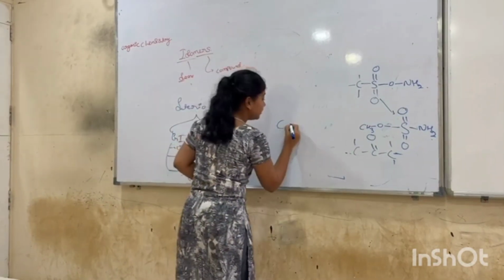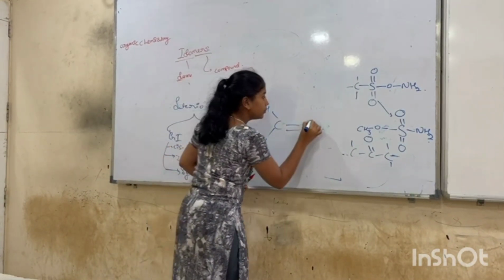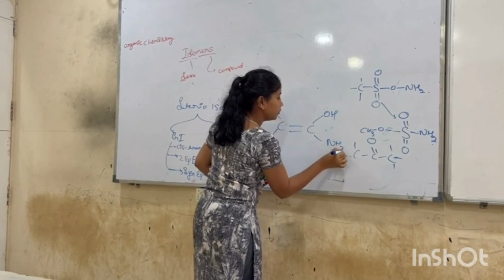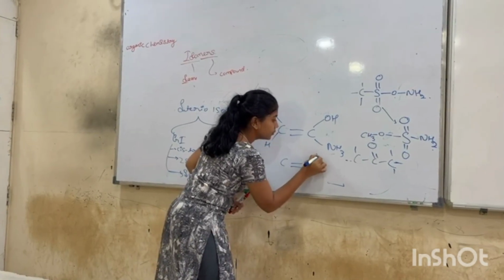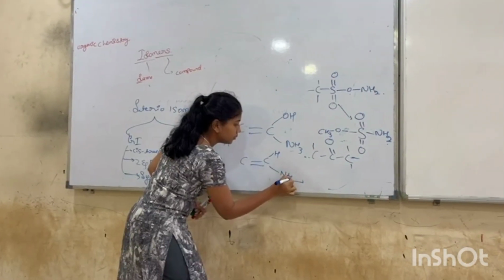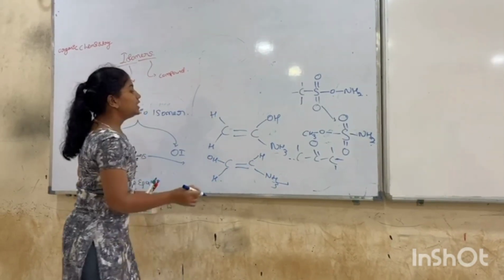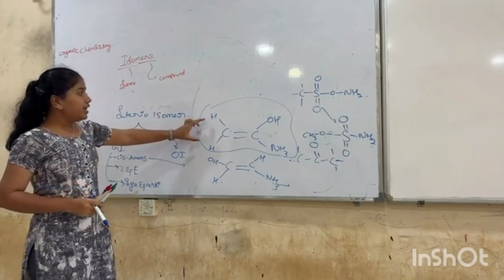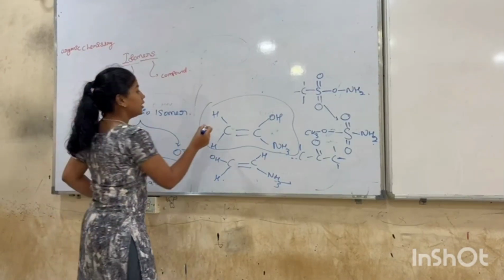In case of this and this, this is not a geometrical isomer because the distance between these groups is equal.